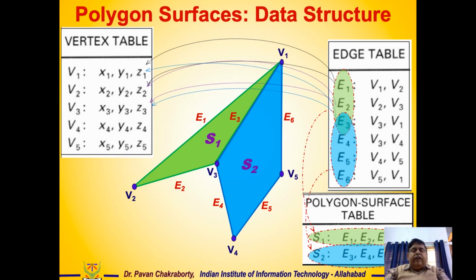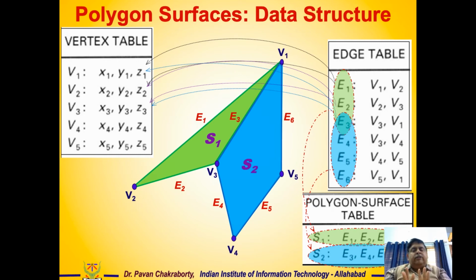Similarly, I have the other points, which have 4 edges, E3, E4, E5, E6. You see that the edge E3 is common between the 2 surfaces, or it is the connecting edge which connects the 2 surfaces. It is possible that both the surfaces may not be on the same plane, but may be on different planes.